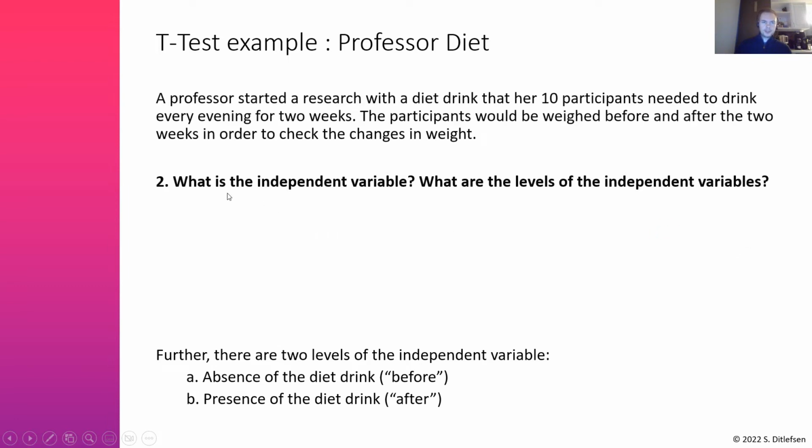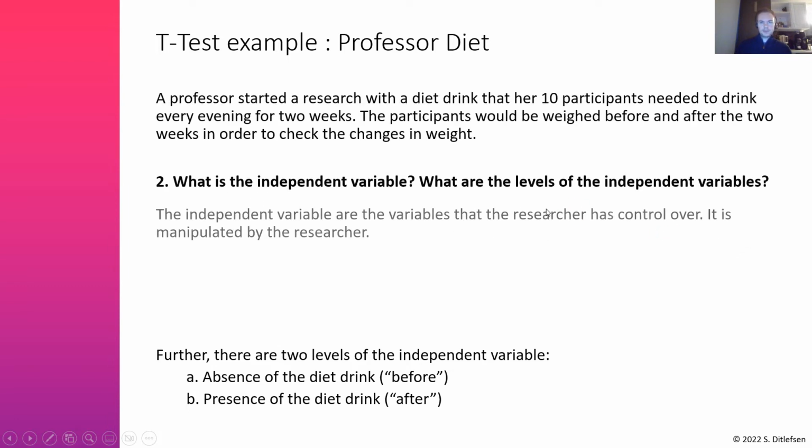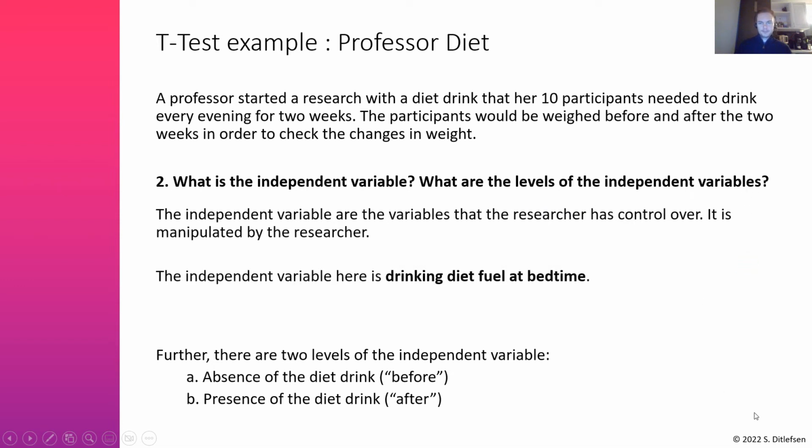Okay, next question. What is an independent variable? What are levels of independent variables? The independent variables are the variables that the researcher has control over. It is manipulated by the researcher. It's not dependent, it's independent. The researcher has control over it.